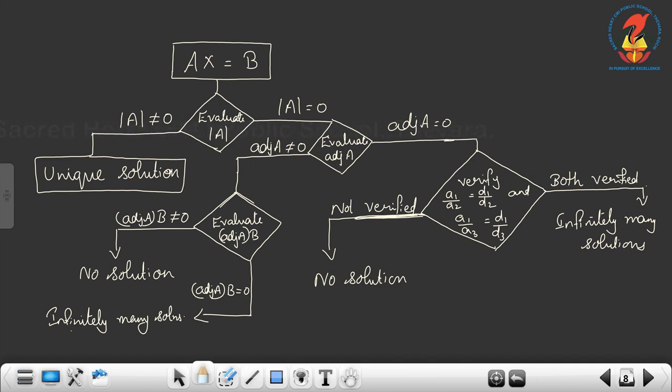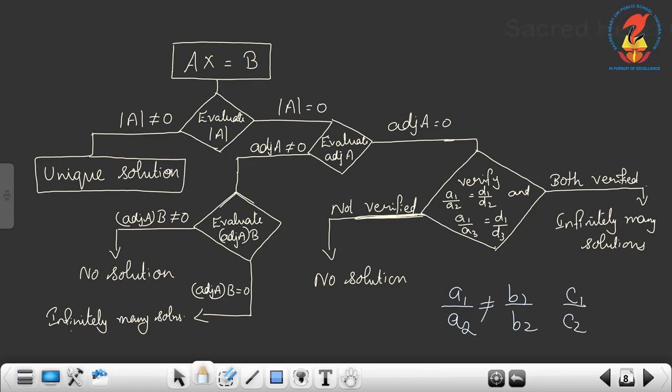Children, do you remember in 10th standard you studied there are 3 types of system of equations, that is parallel lines, intersecting lines, coincident lines. There you studied the ratios a1 by a2, b1 by b2 and c1 by c2.